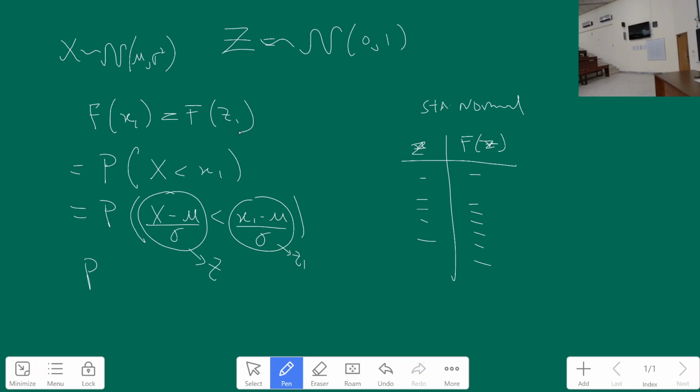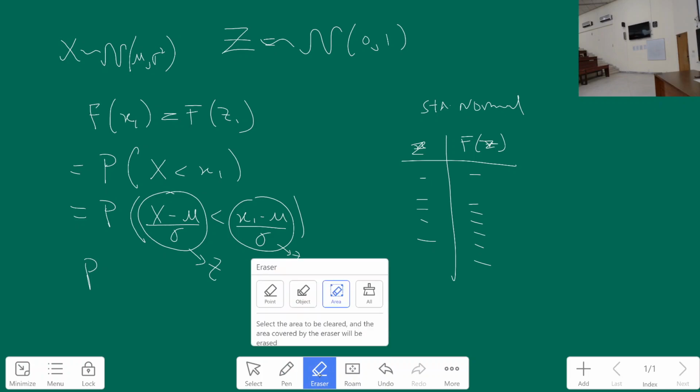There's nothing much to spend time on here. Anyway, let's take a solid example. For instance, let's say you have a Gaussian distributed variable.